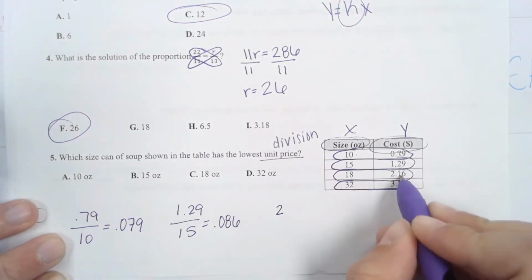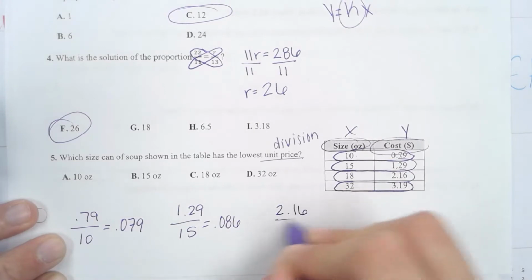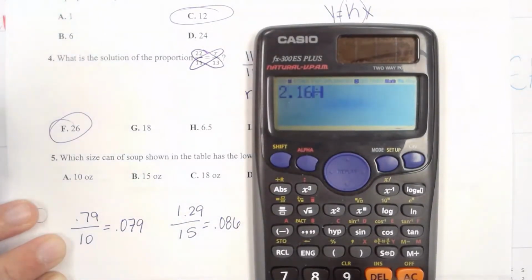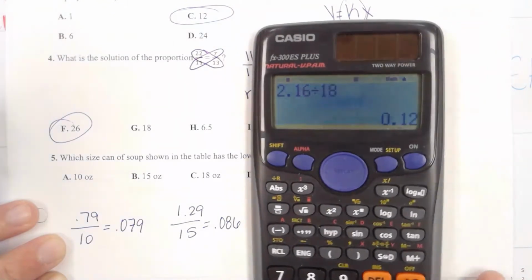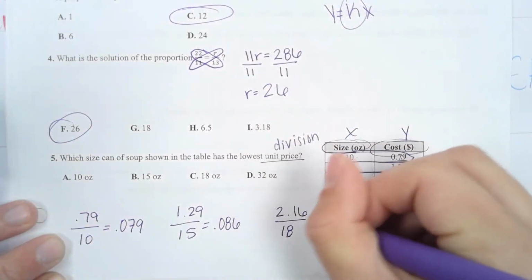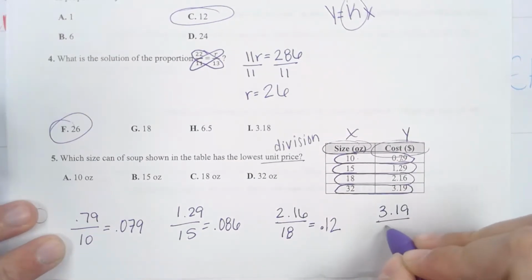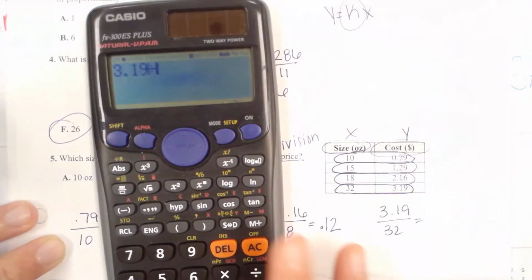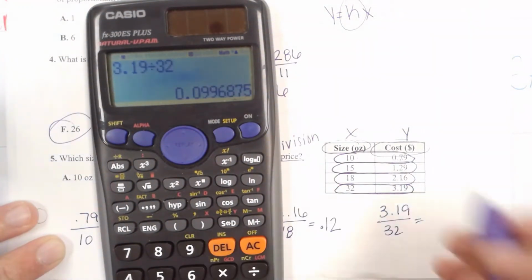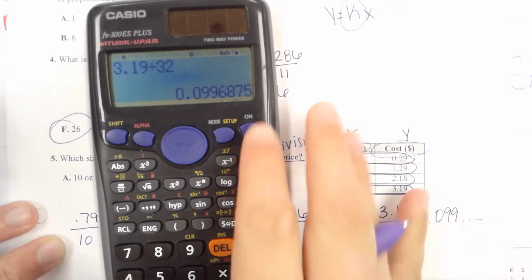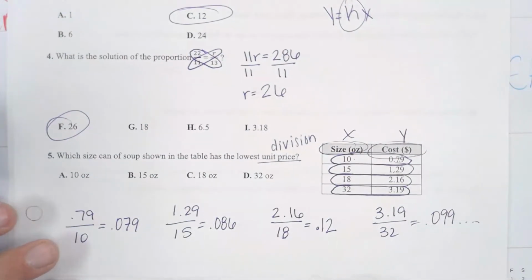Next one was this 2.16 divided by 18, which gave us 0.12. And our last one is this $3.19 divided by 32. And that gave us 0.099 and so on, and I'm just going to leave it like that, okay?